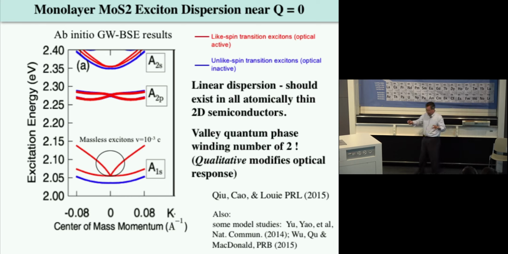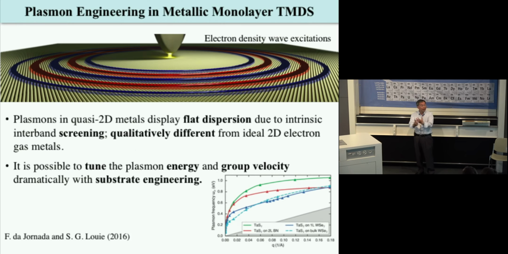And in fact, for this kind of TMD material, the low energy excitations are in two valleys, K and K prime. This exchange term couples the two sets of excitons, and the excitons are now linear combinations of excitons from the two valleys.